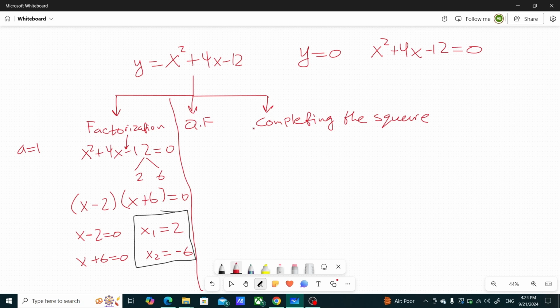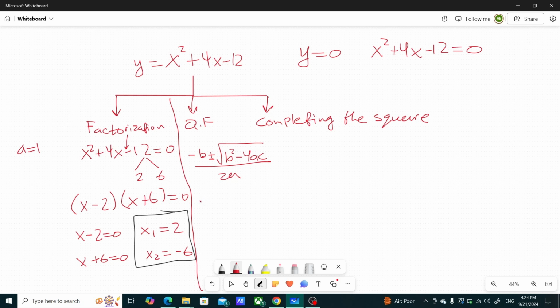Okay, the quadratic formula is minus b plus or minus square root of b squared minus 4 multiply my a multiply my c, over 2a. So let's start by substituting. It's the same equation again.